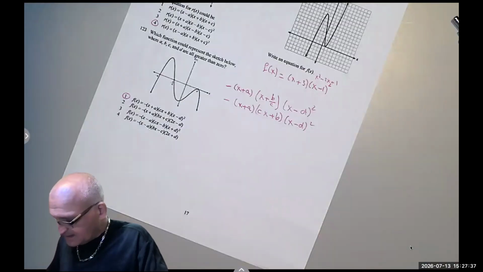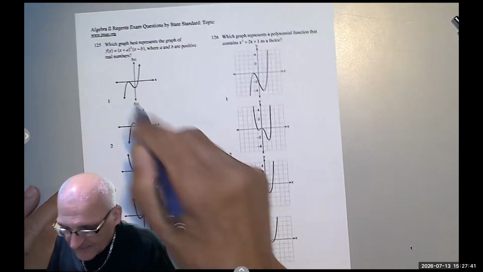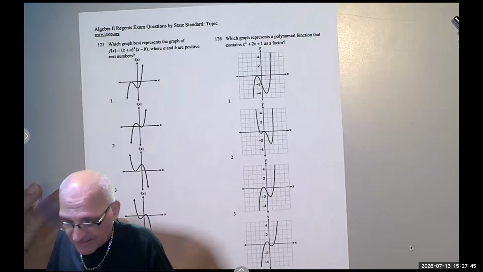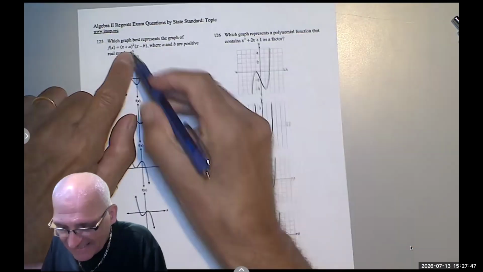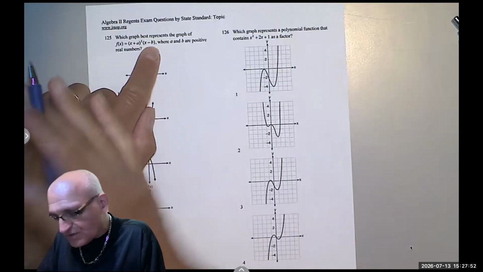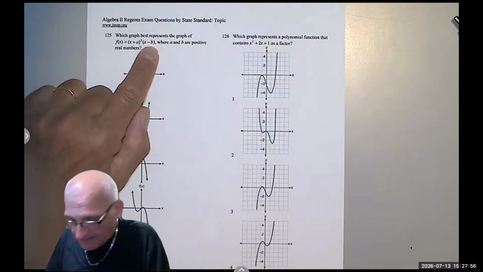Okay, last two problems. In 125, they give you this equation and they say a and b are both positive values, meaning I'm adding a, so a is to the left of the y and b is to the right. It passes through b, it bounces at a.